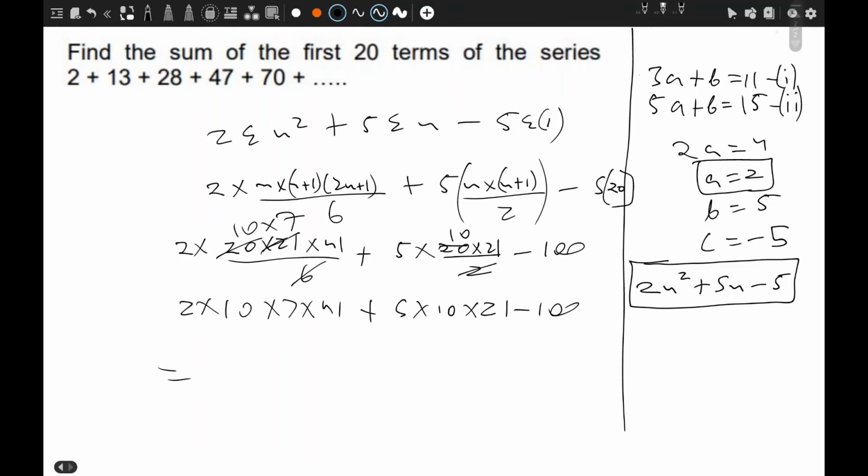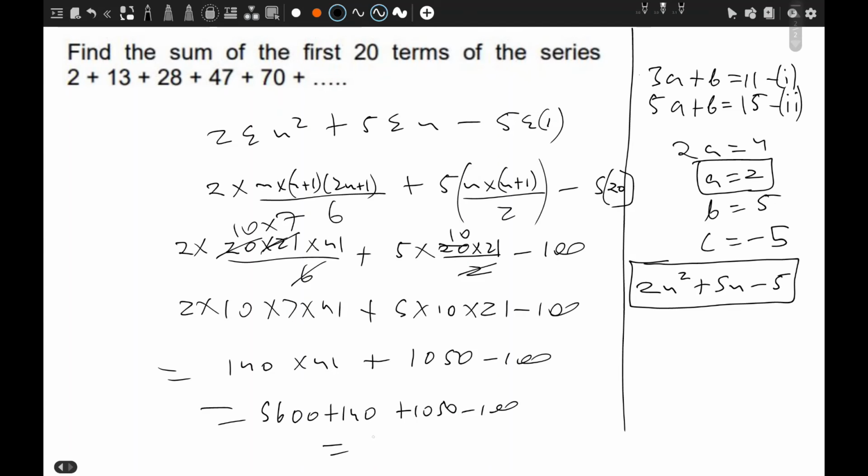That is 140 into 41 plus 210 into 5, which is 1050, minus 100. 140 into 40 is 5600, plus 140 plus 1050 minus 100. This is going to be 6690. So our answer becomes 6690.